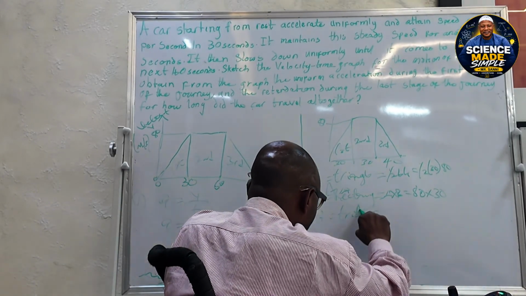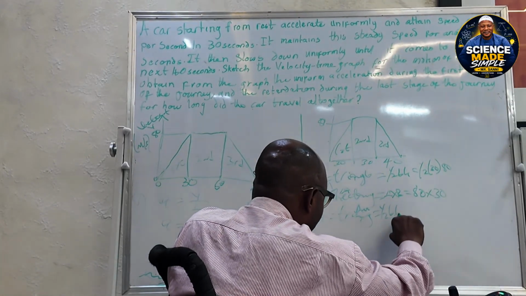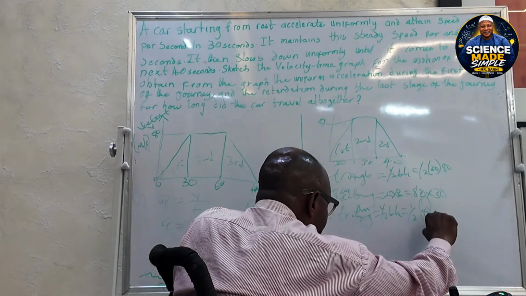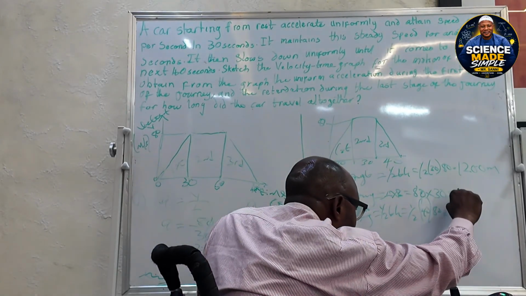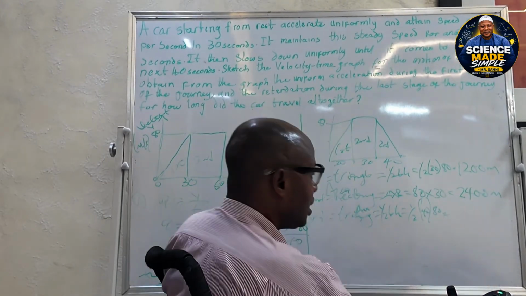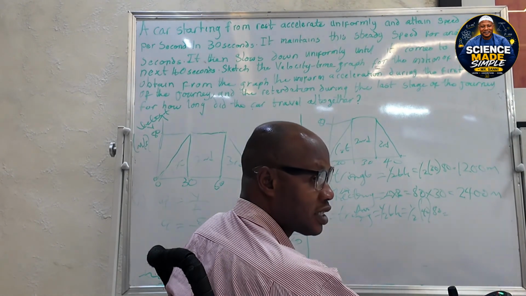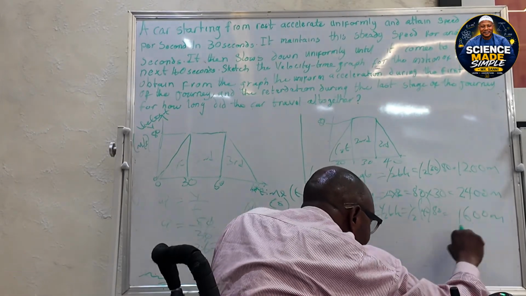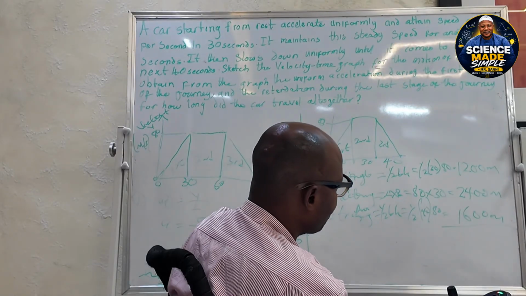The area of that triangle is half base times height, equal to half of 40 times height. The second one, 80 times 30, gives us 2,400 meters. The last one, half of 40, 20 times 80, gives 1,600 meters. Then for the total, let us add everything together.